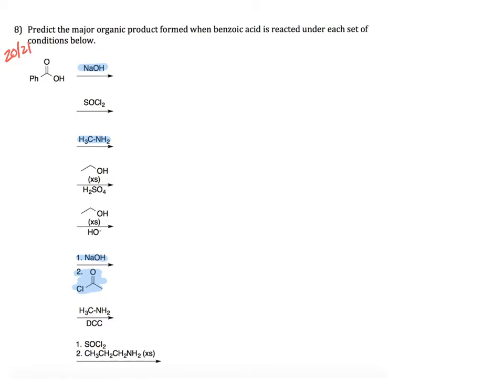All right, so when dealing with the carboxylic acids, the first thing that you will remember that we talked about in this particular chapter is that carboxylic acids are first and foremost acids.